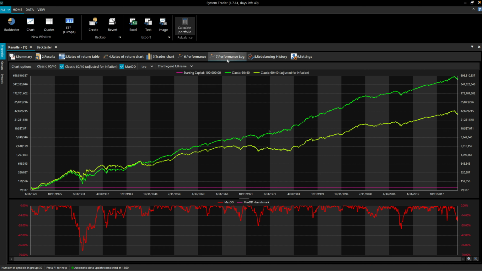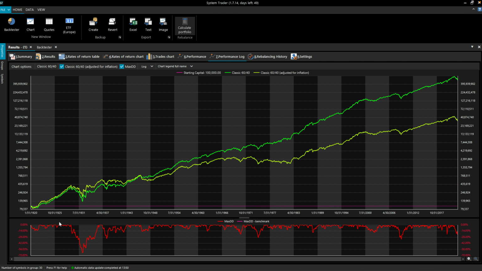Here you can see the green line, which is nominal terms, and the yellow in real terms, which means adjusted for inflation. And below you can see the maximum drawdown. For example, at the worst moment, this portfolio was underwater by almost minus 70%.